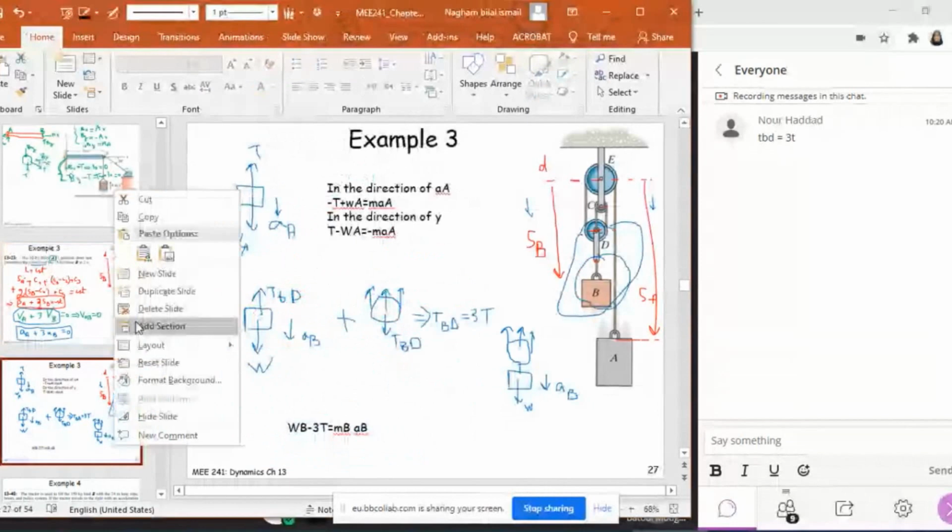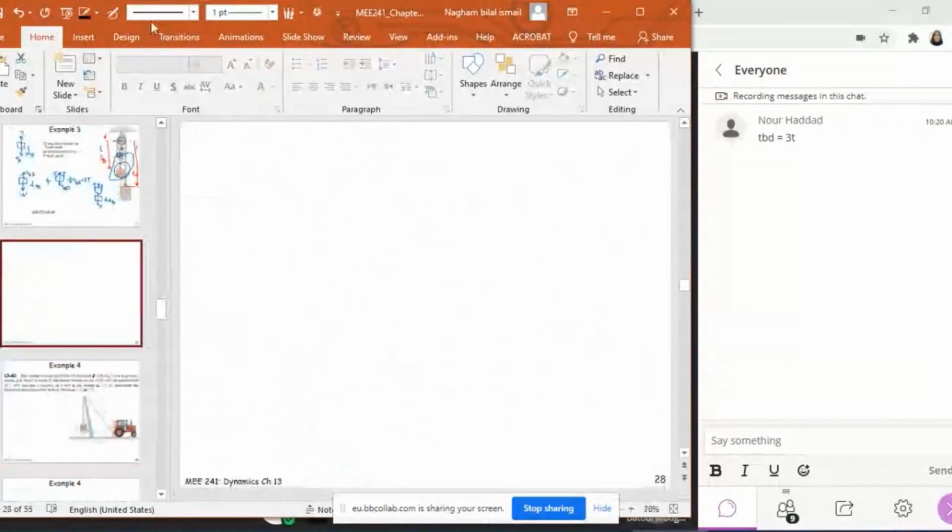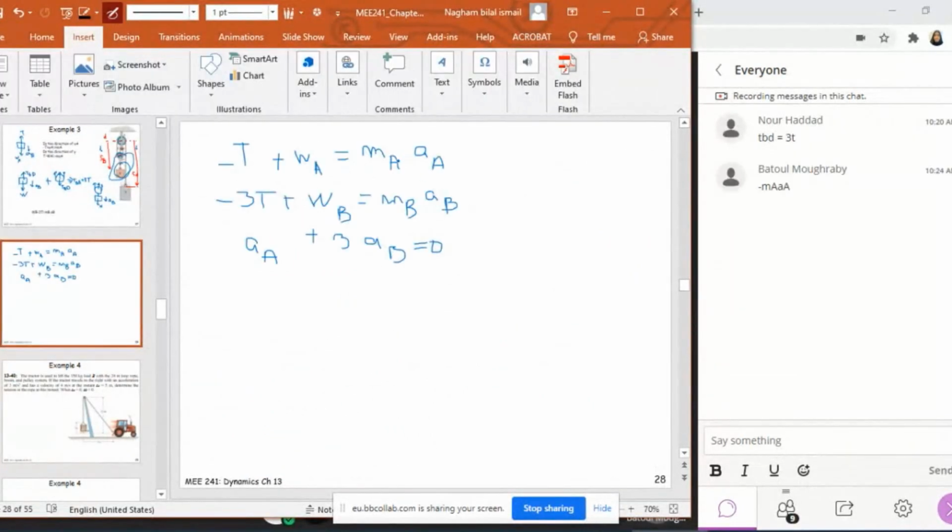These will be my three equations. That's why I advise you to take the directions of aA and aB, because this equation is in the direction of S that I took early in this problem. So here I have three equations and three unknowns.